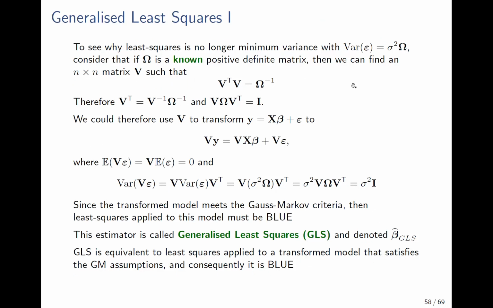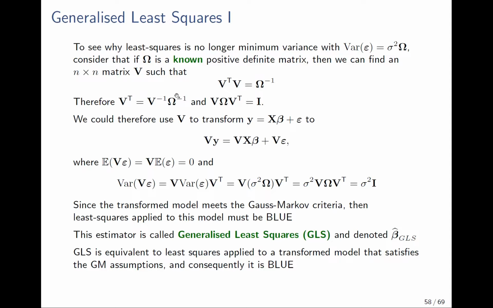Well, to see how we can fix this, suppose that big omega is actually a known positive definite matrix. If that's the case, then we can find an n by n matrix V such that V transpose V is equal to big omega inverse. Now here's the idea.